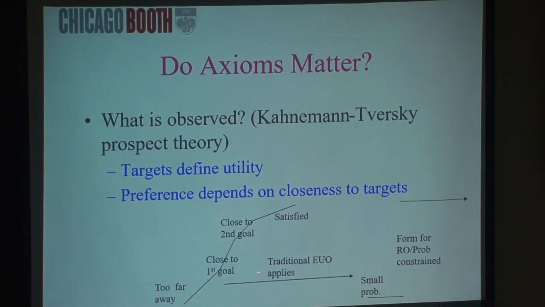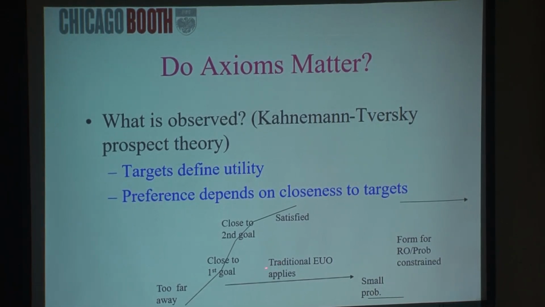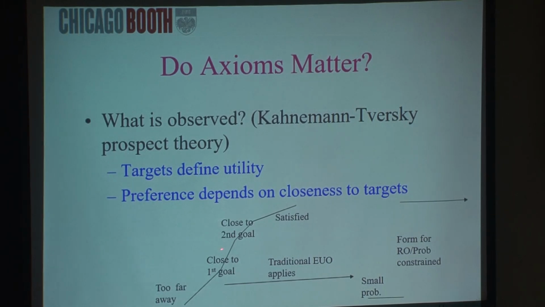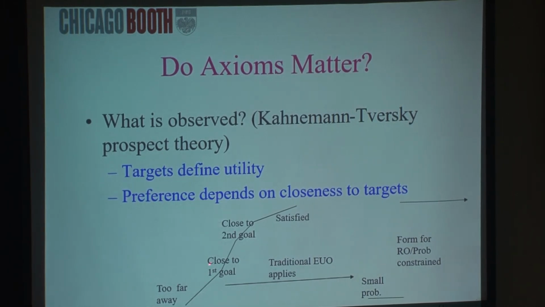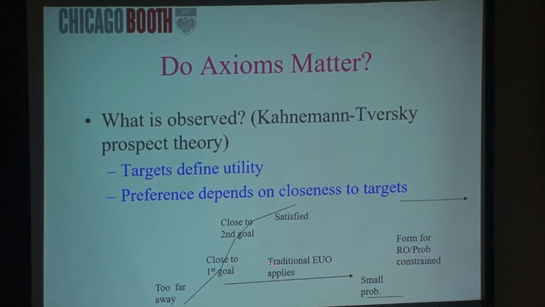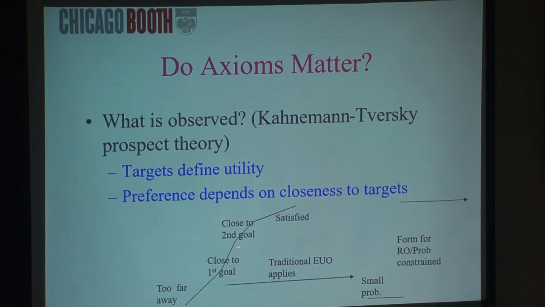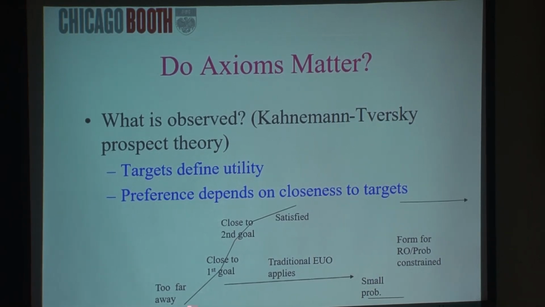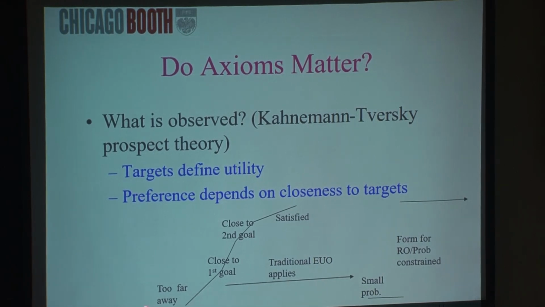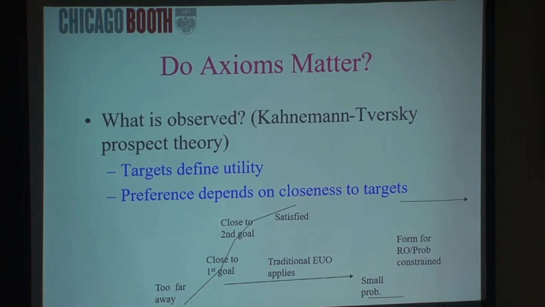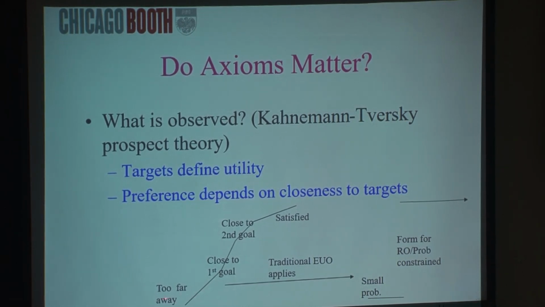If I think about it from this perspective, this concave part is more like the traditional expected utility, whereas if you're down here, you would have a completely different kind of utility.